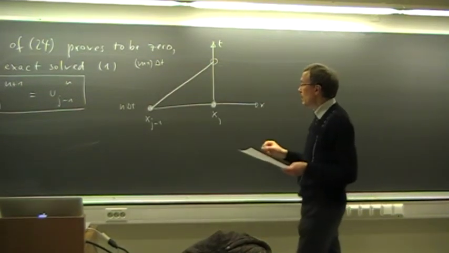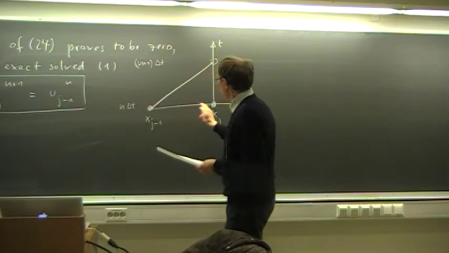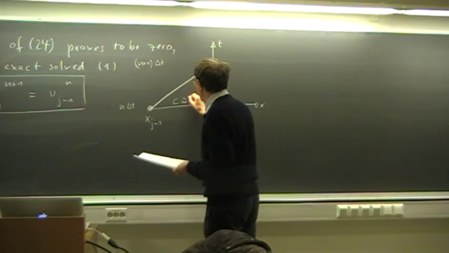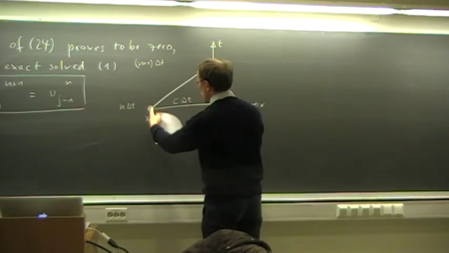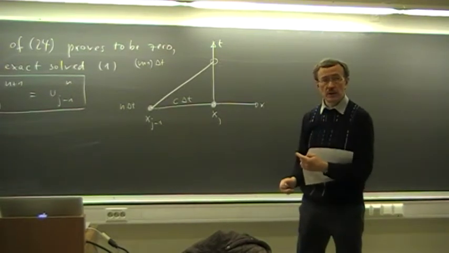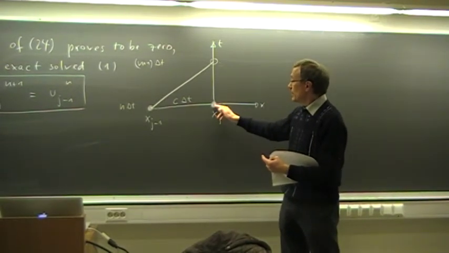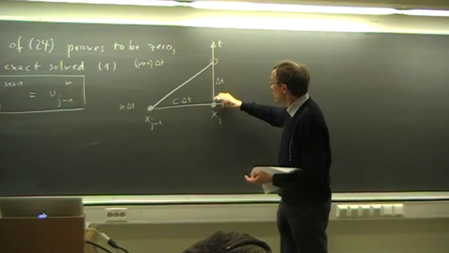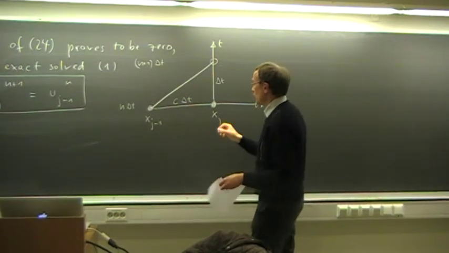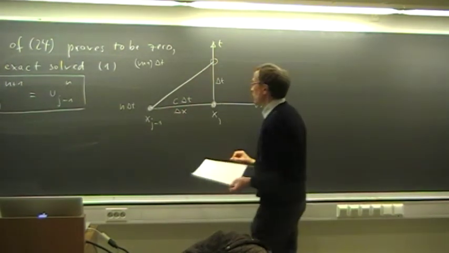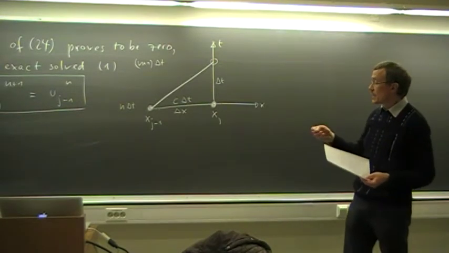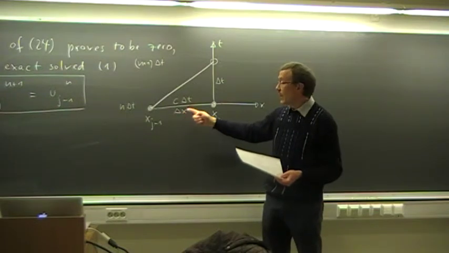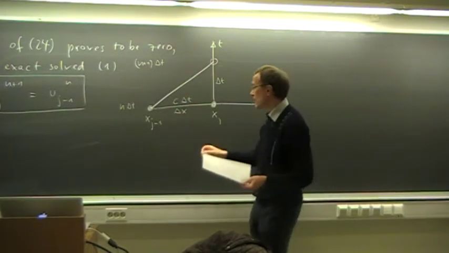In this situation, the distance traveled by our unknown in the time delta t is c delta t. So when we start here and we let it go for a time delta t, then the solution will be here. So that corresponds to saying that the slope of this characteristic, here we have delta t, that is 1. And we have here delta x. So in that case, c delta t, the distance traveled, and the grid spacing are the same. And that is the same as to say that the Courant number is 1.